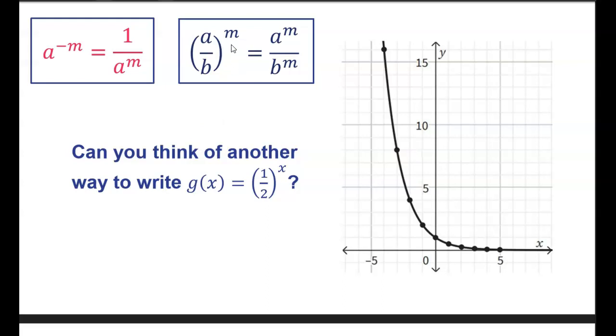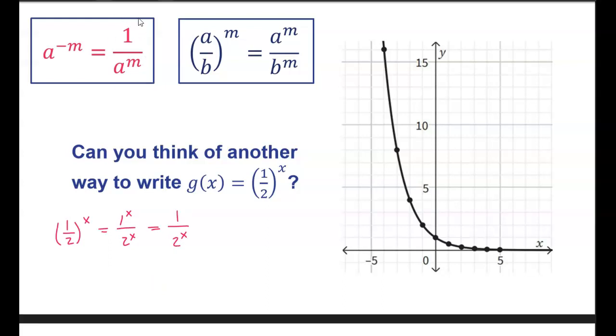Well, let's see. We know that we can distribute the exponent, right? So let's try that. So we have 1/2 to the x. We can distribute that exponent. We'll get 1 to the x over 2 to the x. We know that 1 to any exponent is just 1, so that'll be 1/2 to the x.